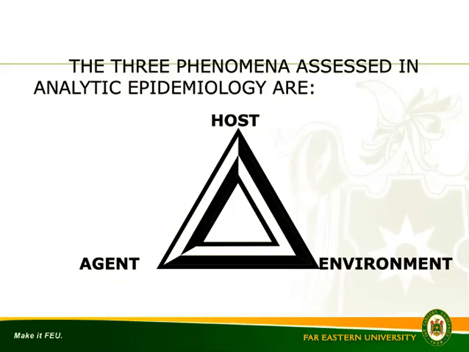Usually in analytic epidemiology, there are two types of study. One is observational, particularly the cohort studies and the case control studies, and another one is the experimental through the randomized control trials, which I'm sure you will also be discussing under the research methods. Okay.